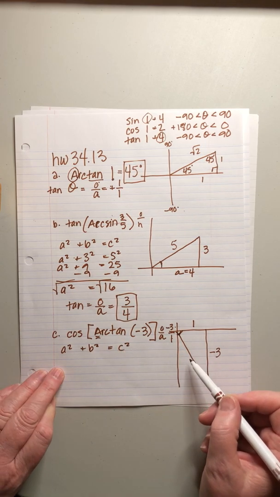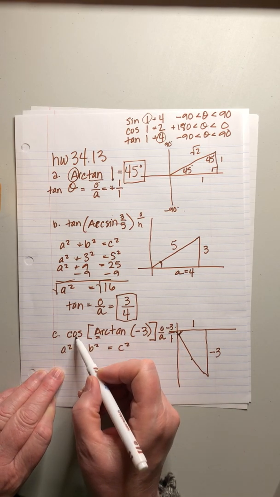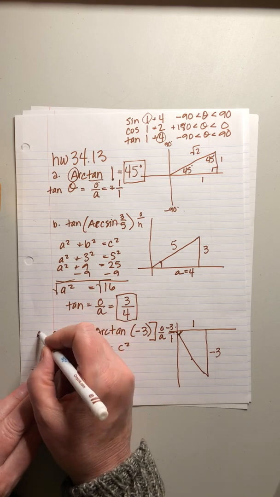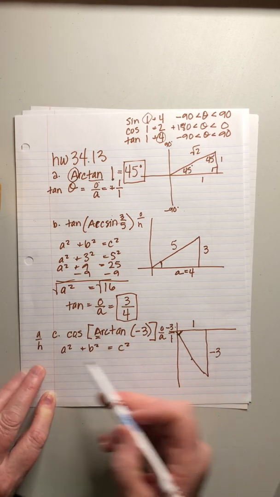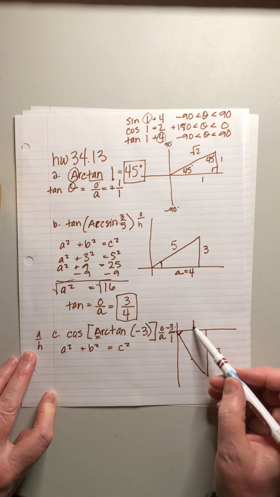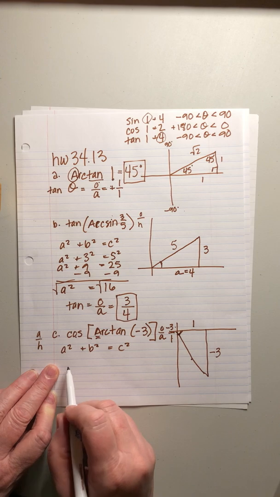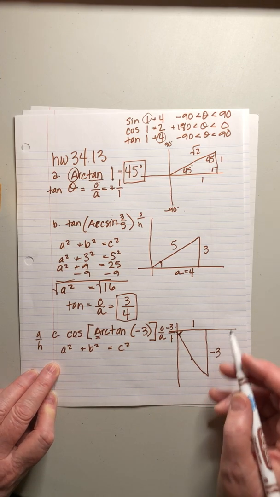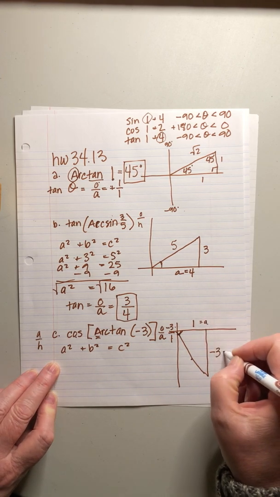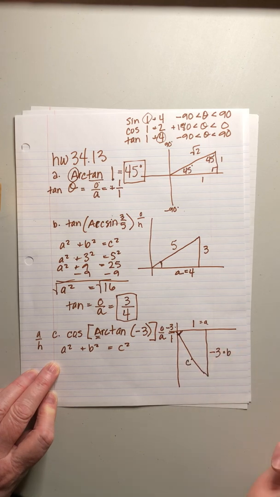In this case, we need the hypotenuse because we're trying to build cosine, right? And cosine is adjacent over hypotenuse. So we're going to need the adjacent. We've already got that, but we're also going to need hypotenuse. So we're going to use Pythagorean to get it. We'll call this one A and we'll call this one B, and then our hypotenuse will be C.